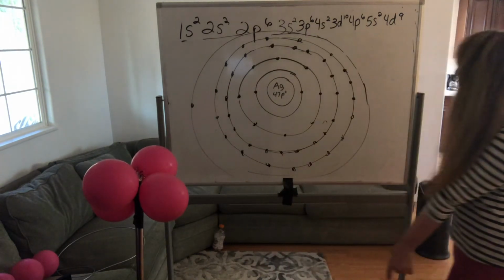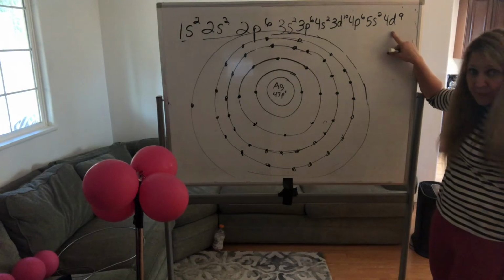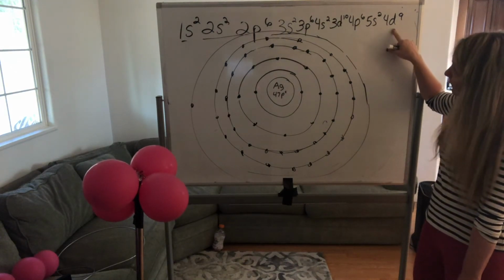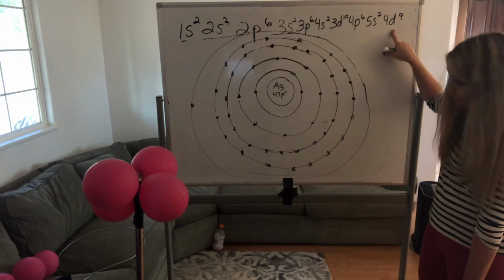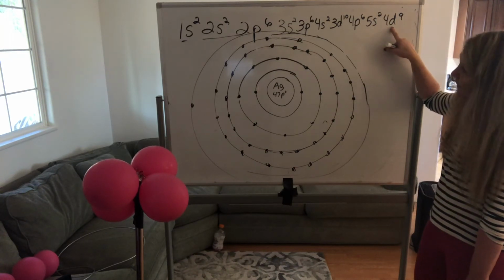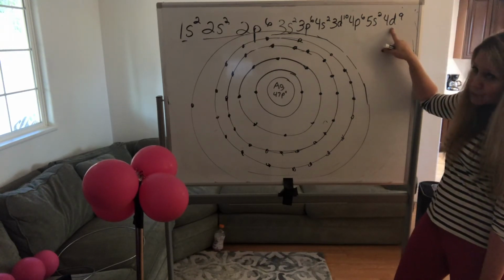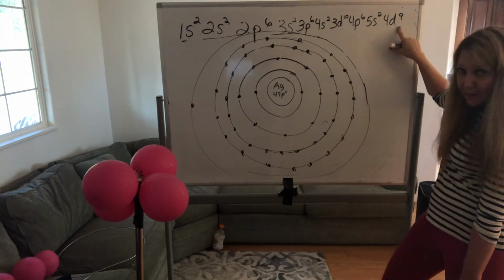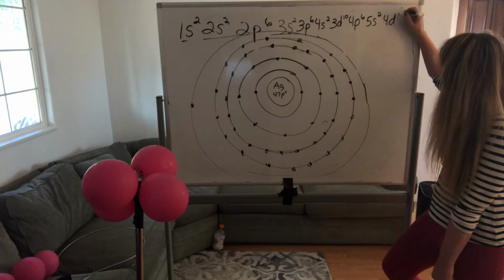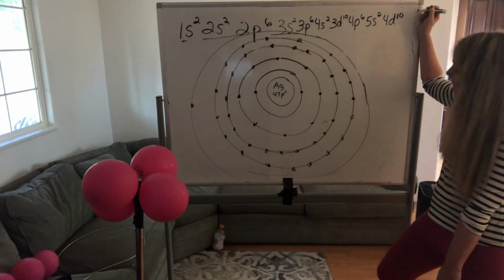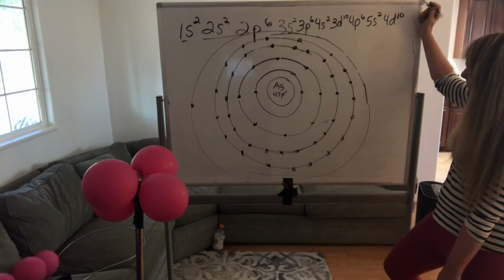Okay, so if we look at this, remember the D sublevels can hold 10 electrons. The electrons naturally would not only want 9 in that sublevel, they would want to fill it up. It is not 9 in the D sublevel, but 10.